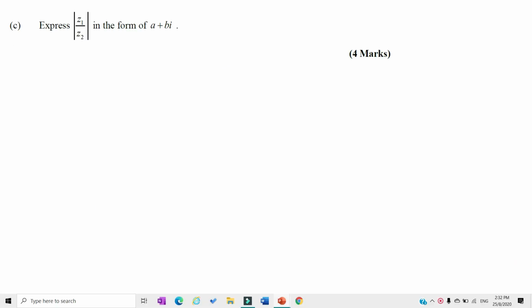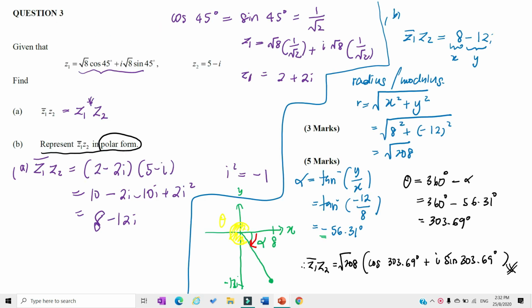Alright, for this question we have one correction. So we are not having the modulus symbol. So we would like to find the expression of Z1 divided by Z2 in the form of a plus bi. So Z1 is 2 plus 2i, Z2 is 5 minus i.